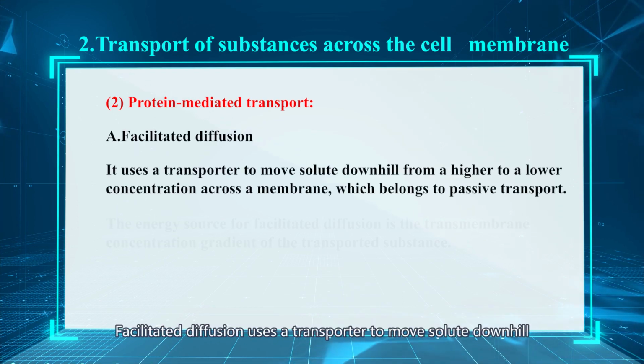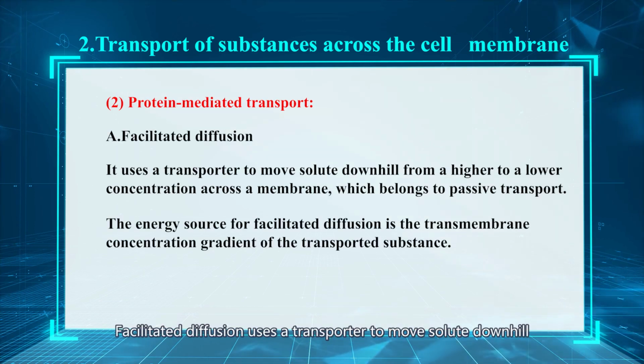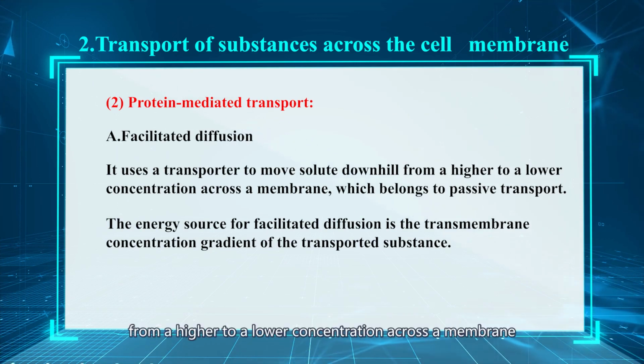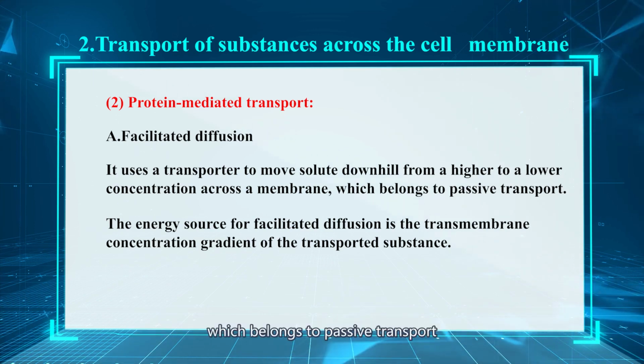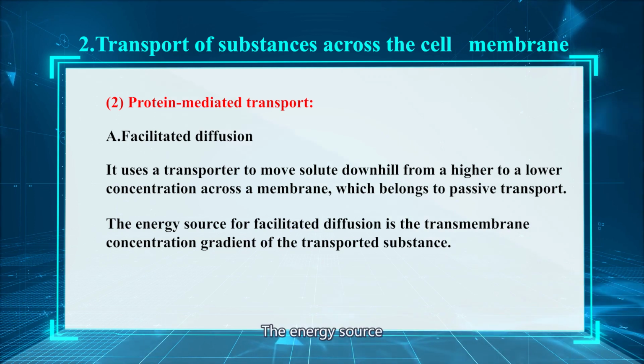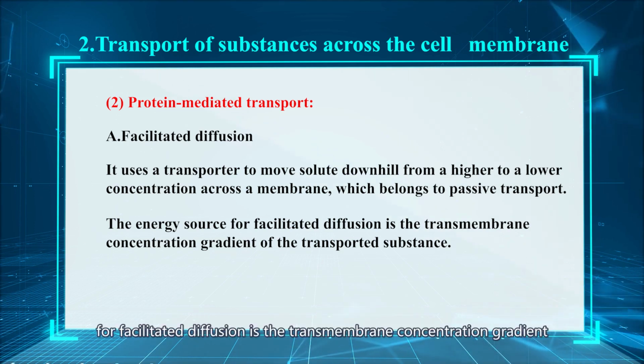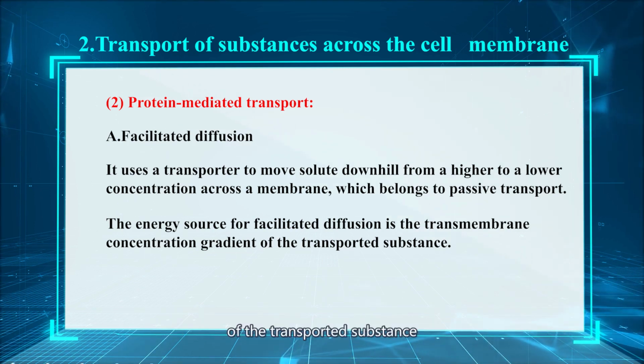Facilitated diffusion uses a transporter to move solute downhill from higher to lower concentration across a membrane, which belongs to passive transport. The energy source for facilitated diffusion is the transmembrane concentration gradient of the transported substances.